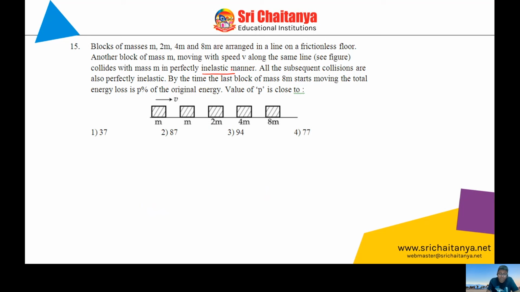The colliding bodies will stick together, and the loss of kinetic energy would be maximum in a perfectly inelastic collision. All the subsequent collisions are also perfectly inelastic. By the time the last block of mass 8m starts moving, the total energy loss is p% of the original energy. What would be the value of p?